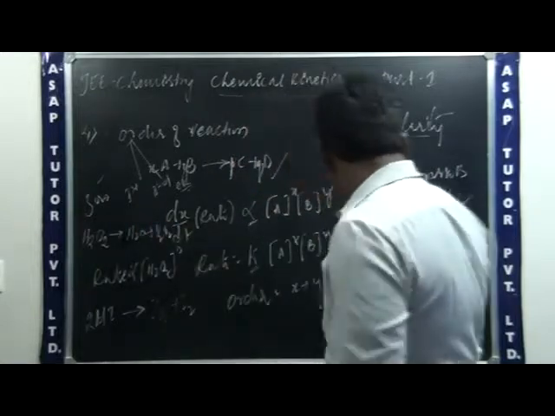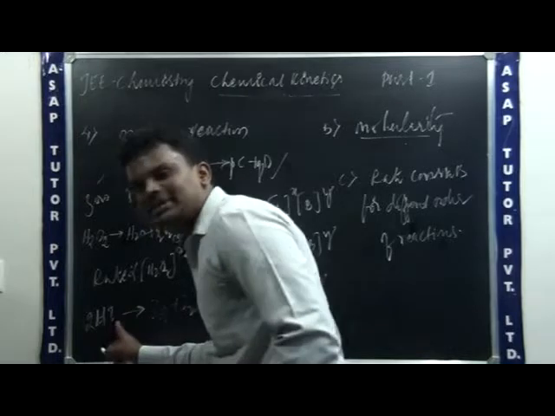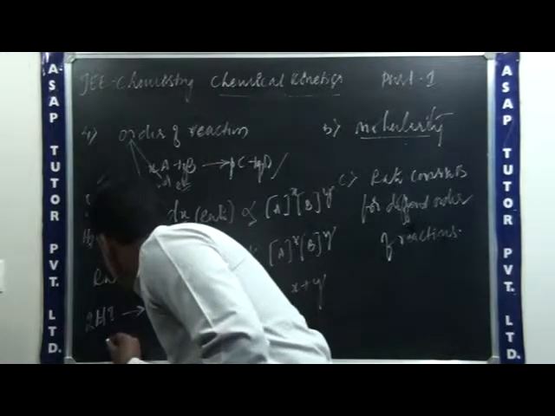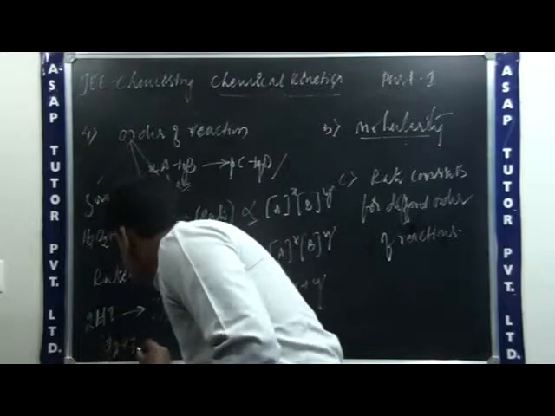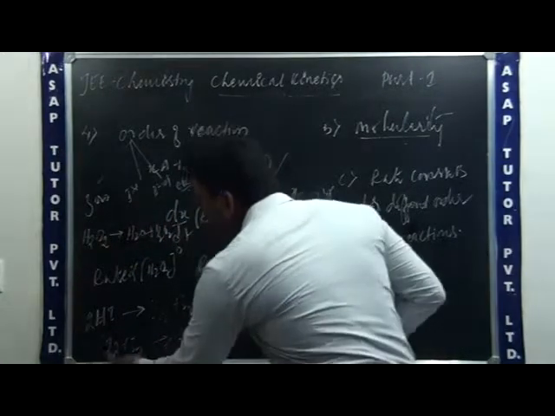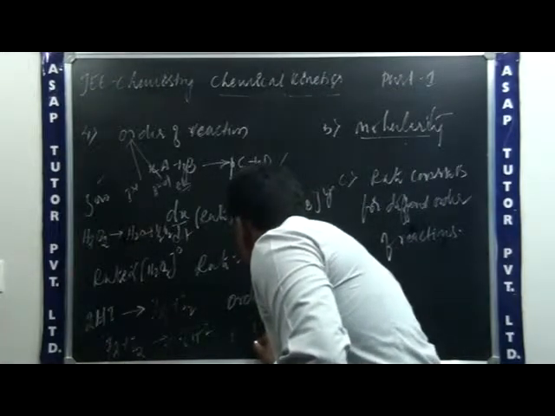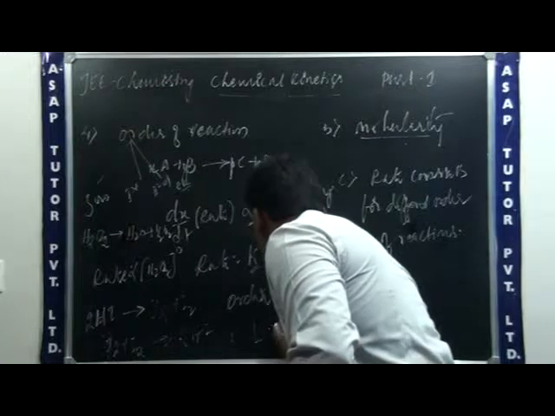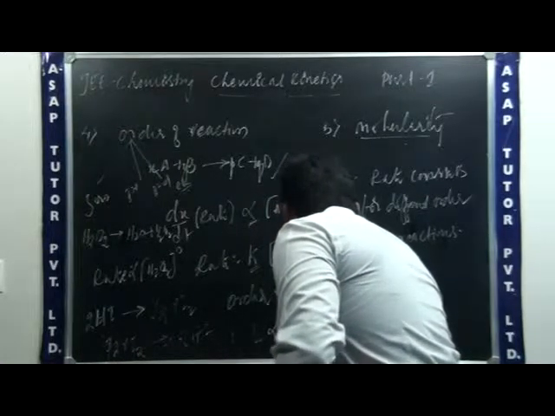Then I will come to the second order reaction. For the second order reaction, we can take the reverse equation, that is the formation of hydrogen iodide: H2 plus I2 gives rise to 2HI. Here, rate is directly proportional to the concentration of H2 times the concentration of I2.